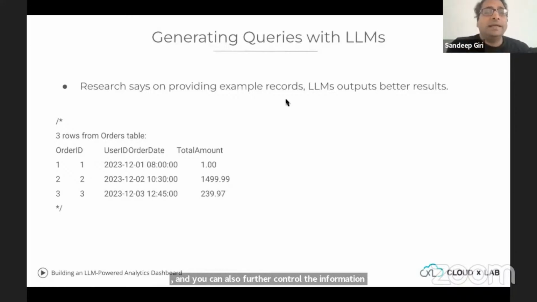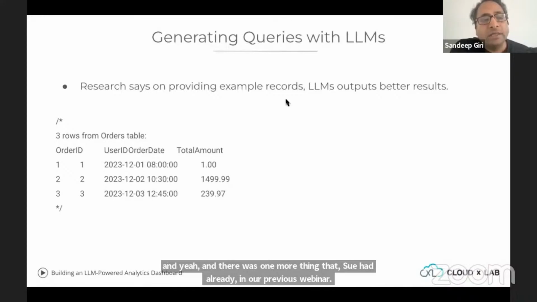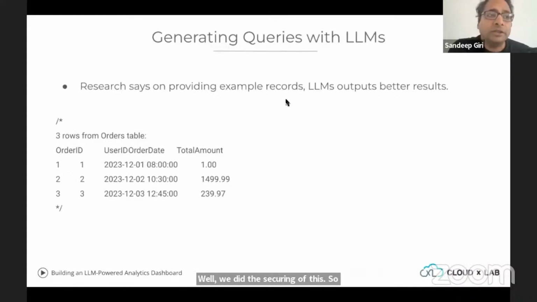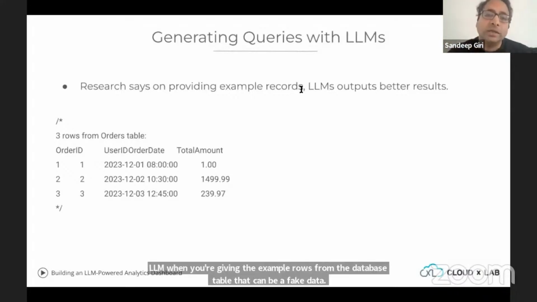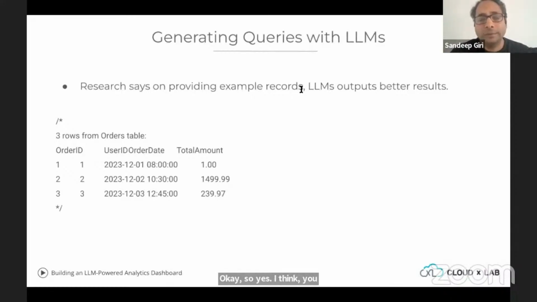And there was one more thing that Shubh showed in our previous webinar on securing this. We used a third-party tool to generate fake data, so you can feed fake data to the LLM as the example rows from the database table. So yes, you can protect yourself from exposing data to OpenAI or Gemini.